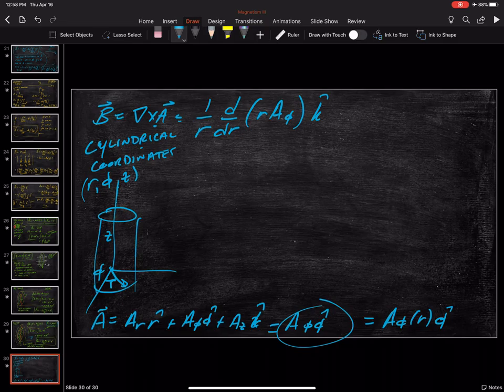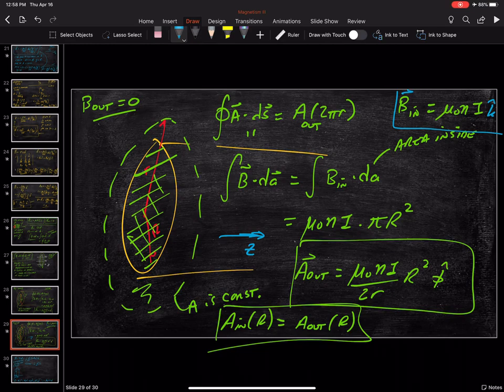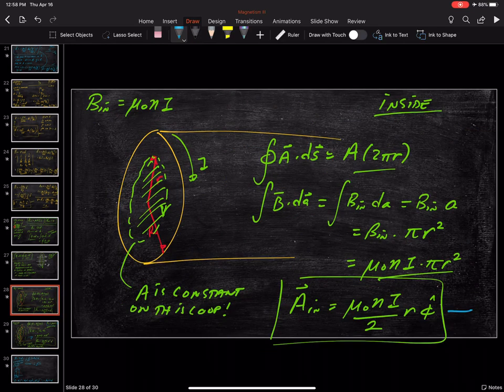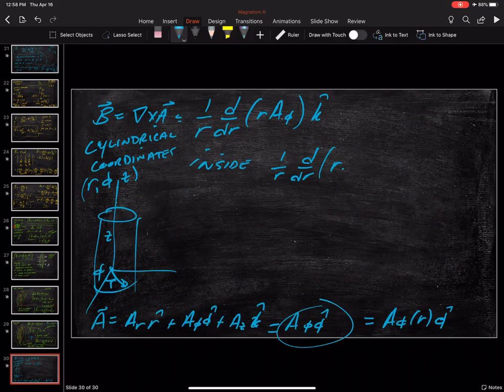All right. So let's check it. Inside. Okay. I got 1 over r d/dr of r times my A_phi inside, which is right here, mu naught N I over 2 times r, k hat, and this is going to be equal to mu naught N I k hat.